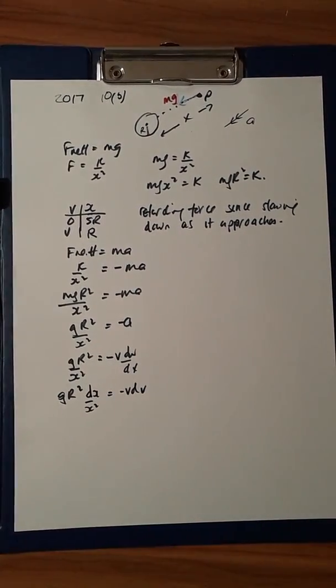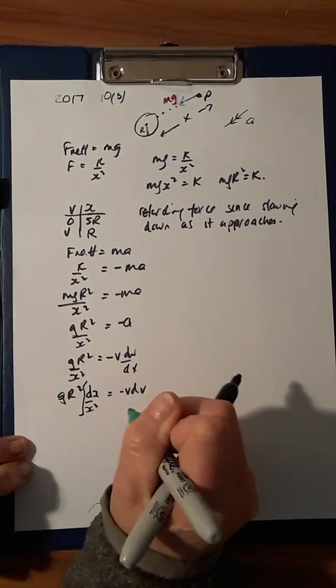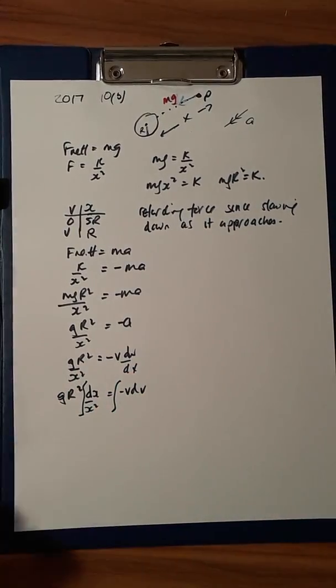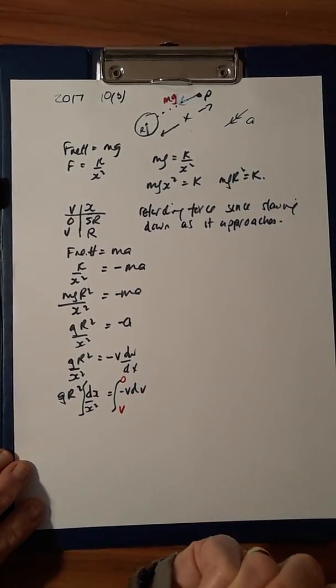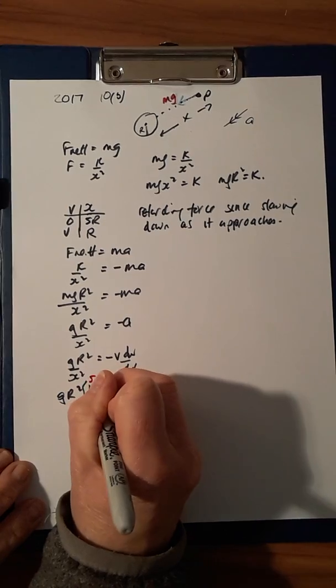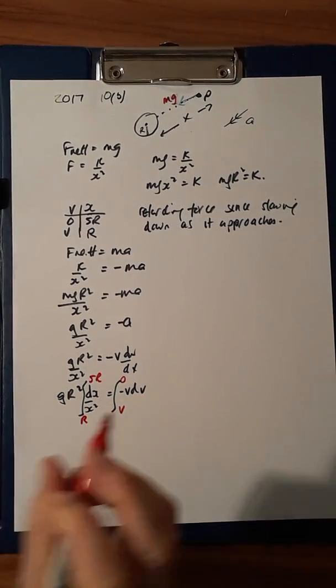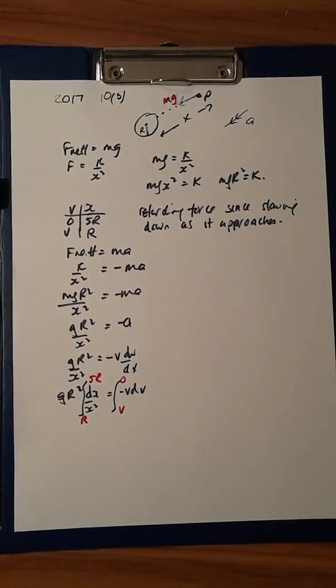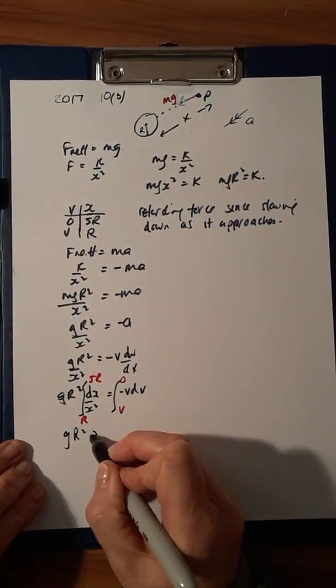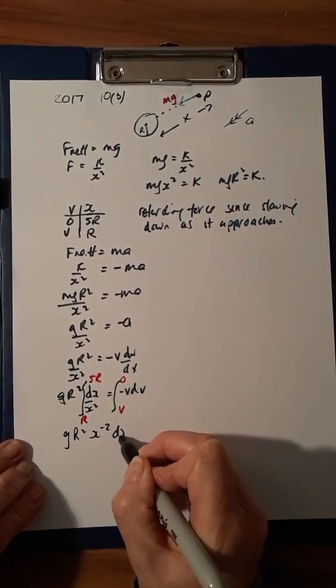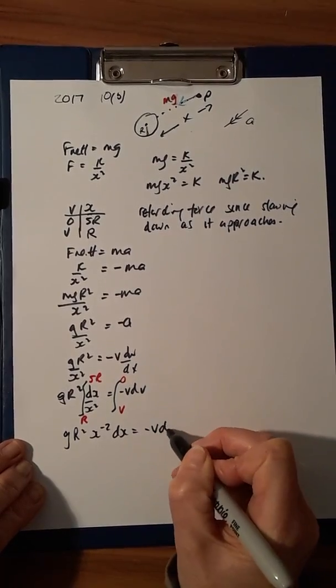So I'll integrate both sides. gr squared is a constant, integrate this. What are my limits going from? They're going from 0 to v on the velocity side and 5r to r on the distance side. So the gr squared is a constant, this will be x to the minus 2 dx is equal to minus v dv.